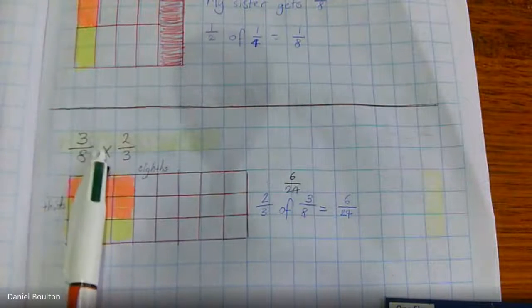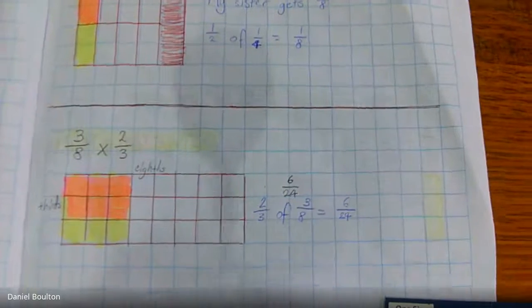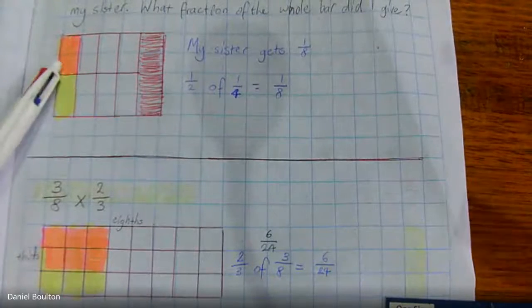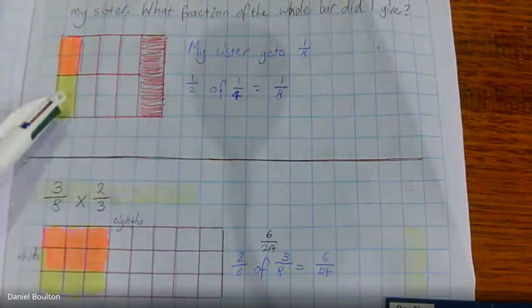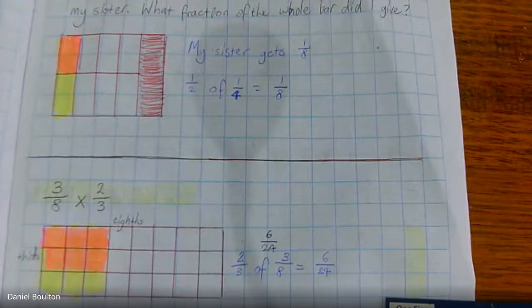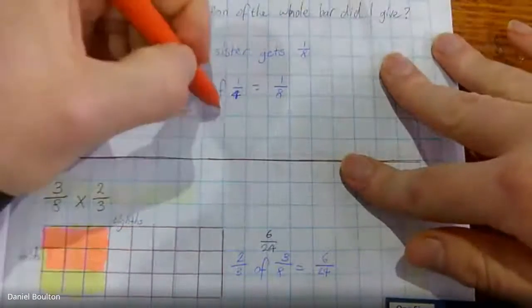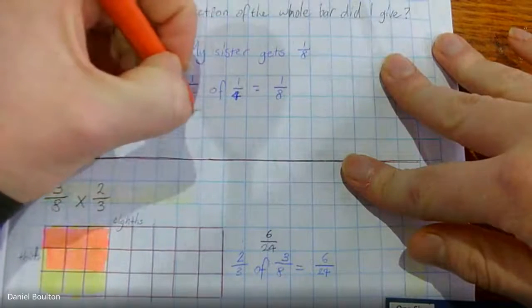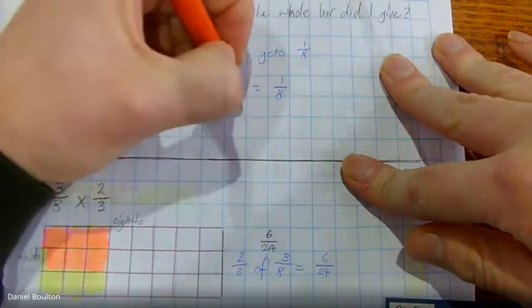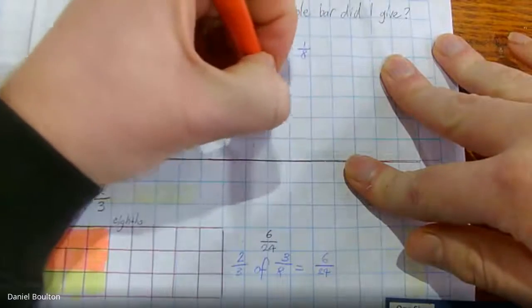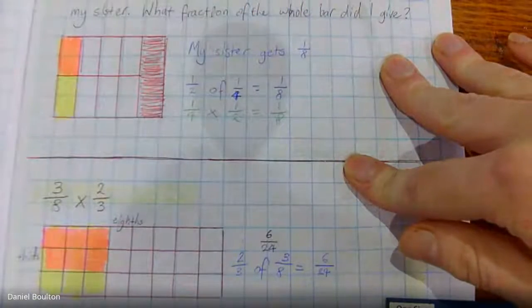Now you might even notice here that I actually wrote that as a multiplication problem, because if we look back here, what really happened was we had a quarter and we put it into groups of eighths. Okay, so I could say that that is the same thing as 1/4 multiplied by 1/2, which would make 1/8, like that.